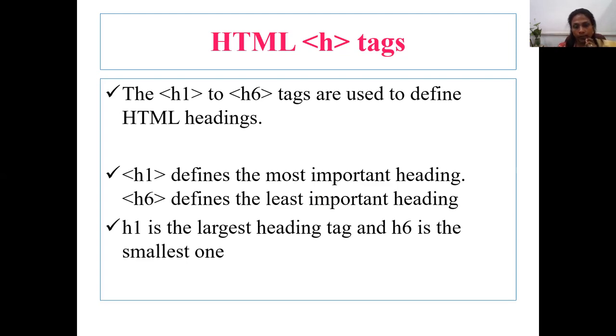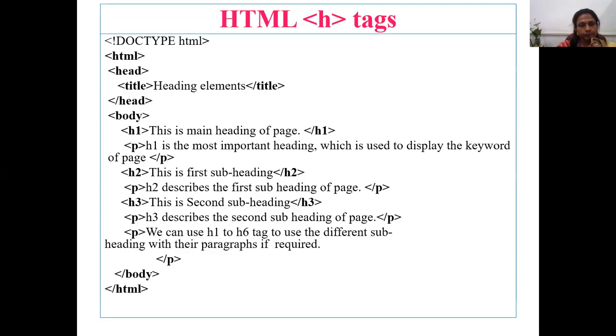So with this in mind, we can define that H1 is the largest heading tag and H6 is the smallest one. One example we will see covers the whole lot of the H tags, starting from H1 to H6. Here we know how to write the HTML program.